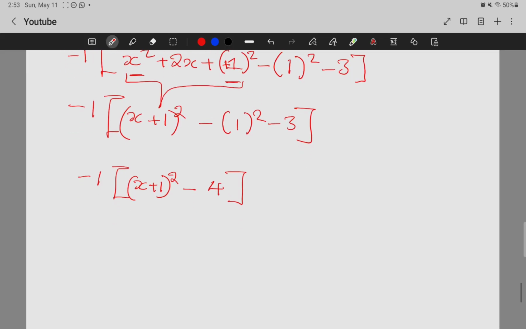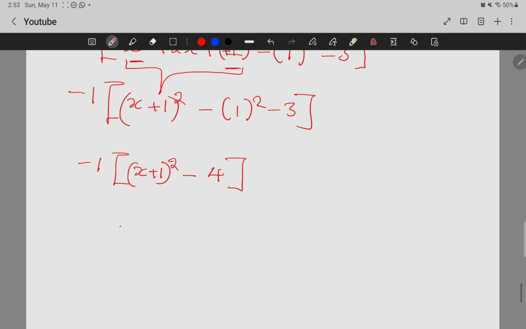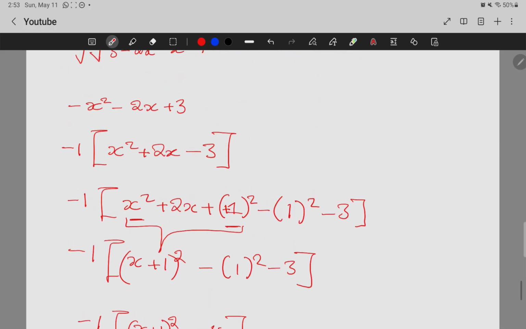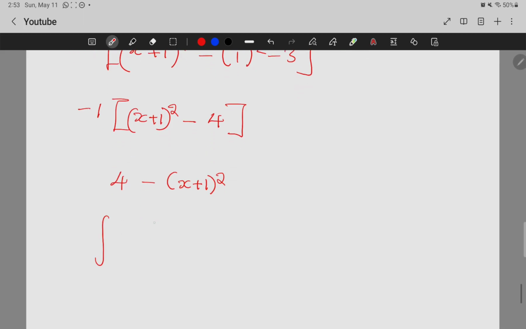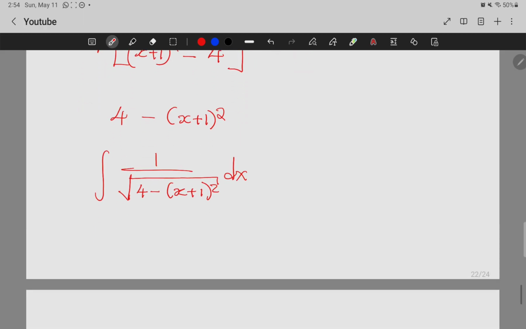When we distribute that negative 1, we now have 4 being the positive and the x plus 1 squared being the negative. So now our integral has reduced to the integral of 1 over the root of 4 minus x plus 1 squared dx.